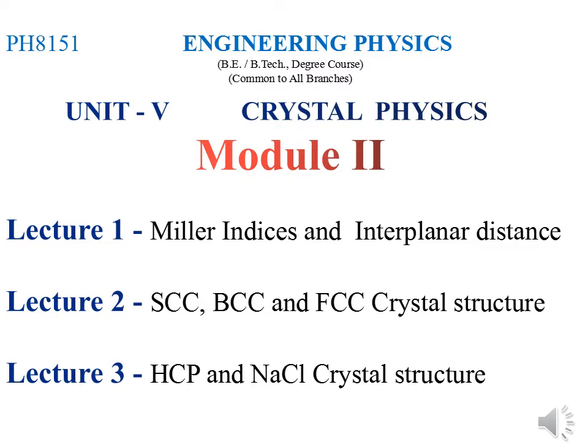Next, Unit 5 Crystal Physics. Content of the Module 2. Let us now discuss Lecture 1, Miller indices and interplanar distance. Lecture 2 explains the characteristics of the unit cell: number of atoms present per unit cell, atomic radius, coordination number and atomic packing factor for SCC, BCC and FCC crystal structure.